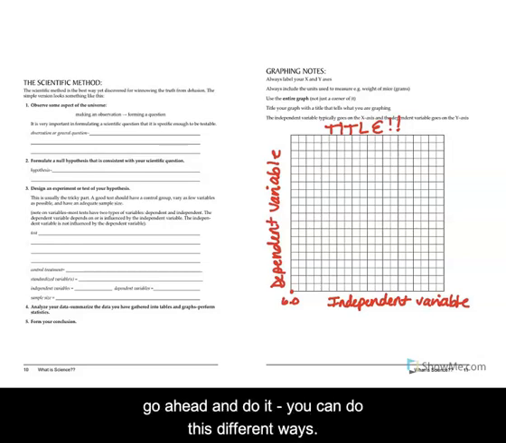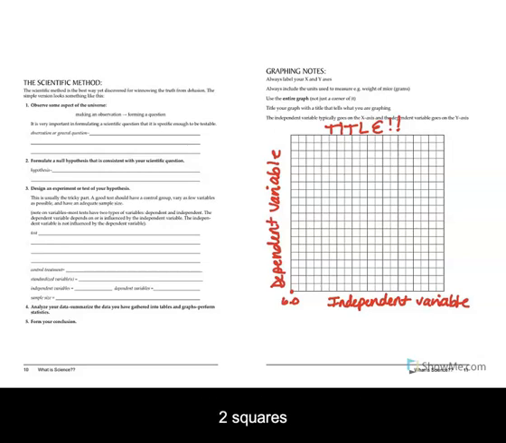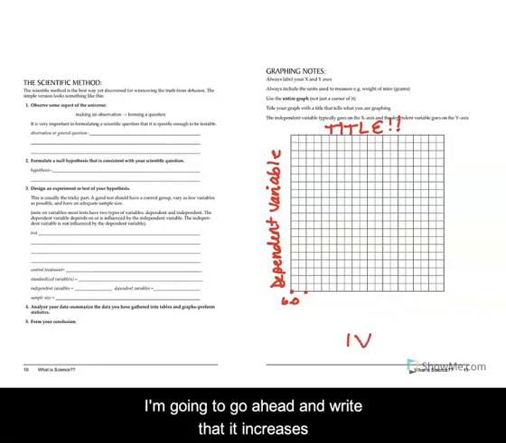You can do this different ways. What I'm going to do is that for every 2 squares, I'm going to make it, let me get rid of this just to reflect the data better. I'll write IV at the bottom. I'm going to write that it increases by that amount.